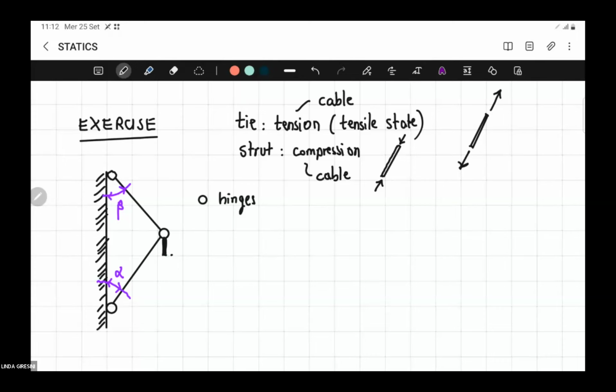So we have, as I said, the rigid element, and then we have a weight, like a cube of some material, which has a self-weight W. What kind of force is W? Concentrated. Okay, again, concentrated force.